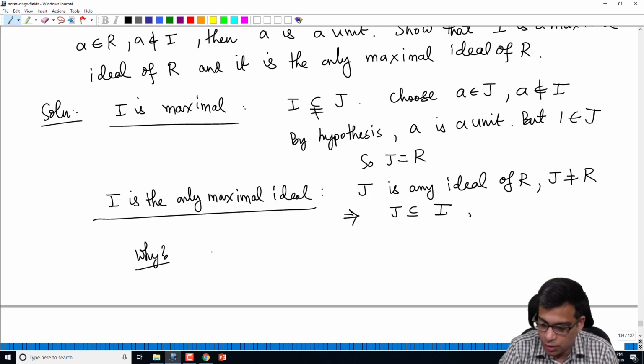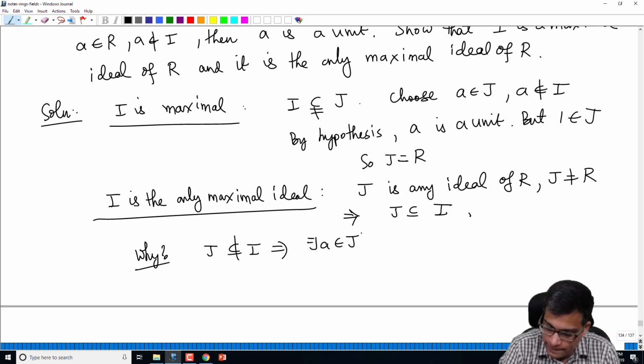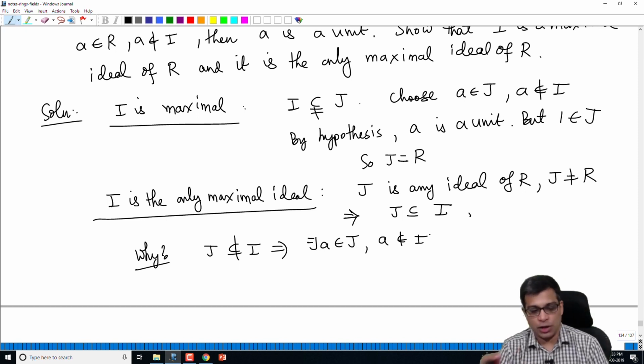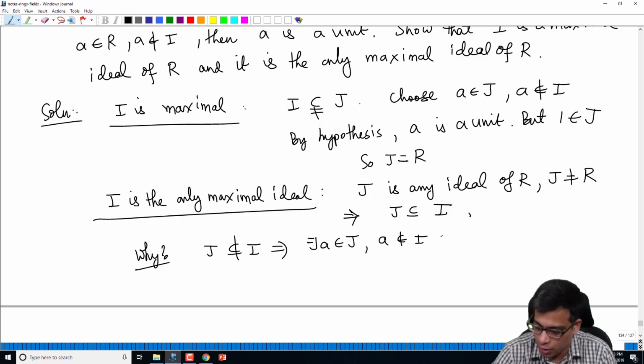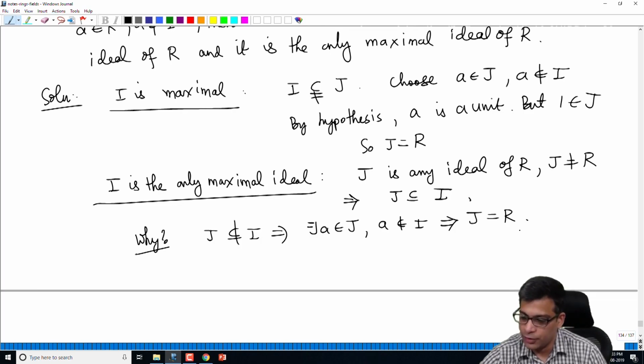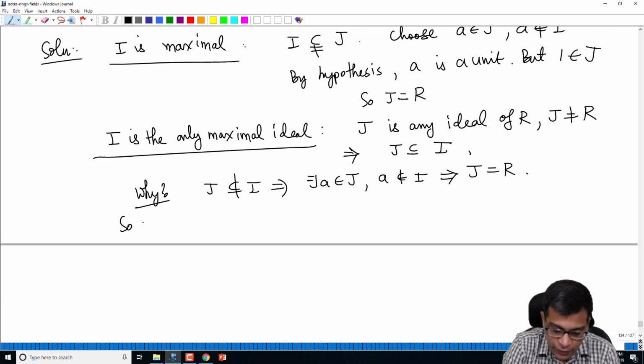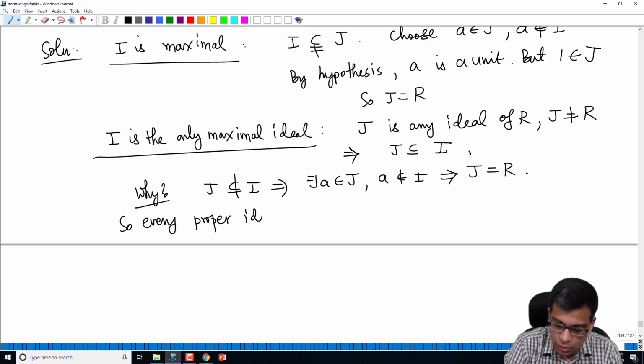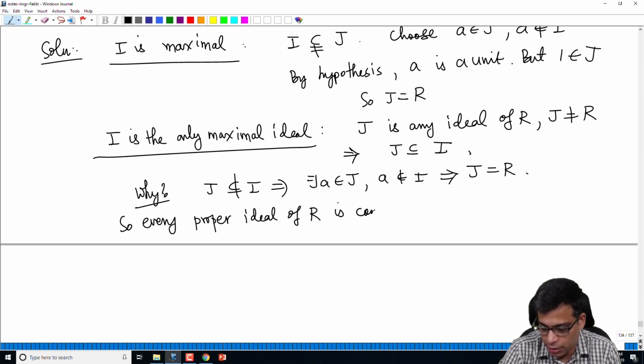Suppose J is not contained in I, that means there exists A in J, A not in I. By definition, if J is not a subset of I, it must contain something that's not in I. By the above argument, that means J is R. Okay, but we are assuming J is not R. So every proper ideal of R is contained in I.